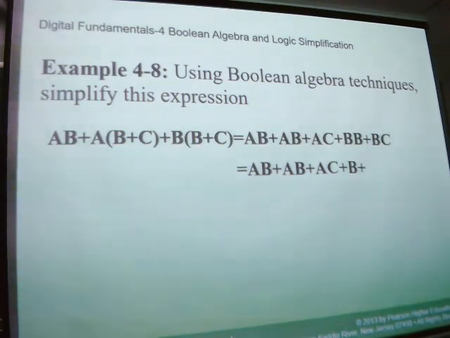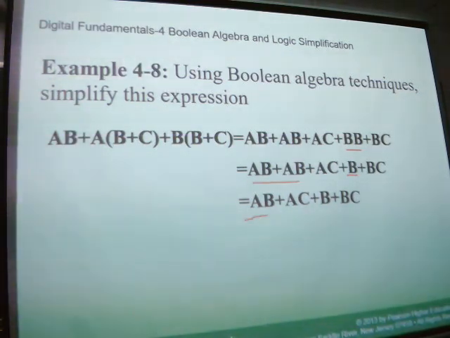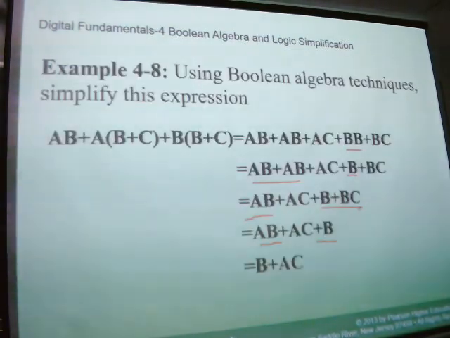B plus BC. BB equals B. And B plus BC equals B. Then AB plus B equals B. So the last simplest form is B plus AC.